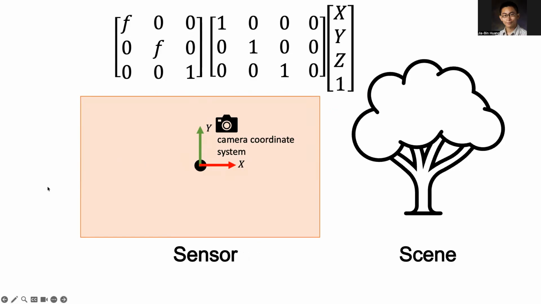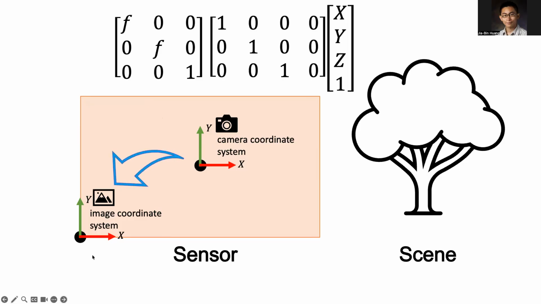But the problem is that that's not how our coordinates in the image are defined, right? In the image coordinate, you may have something like this, right? Or the other way, like you have an x here and y is there, okay? So you need some kind of transformation from the camera coordinate system to the image coordinate system, okay? This transformation is just shifting between these locations, right?